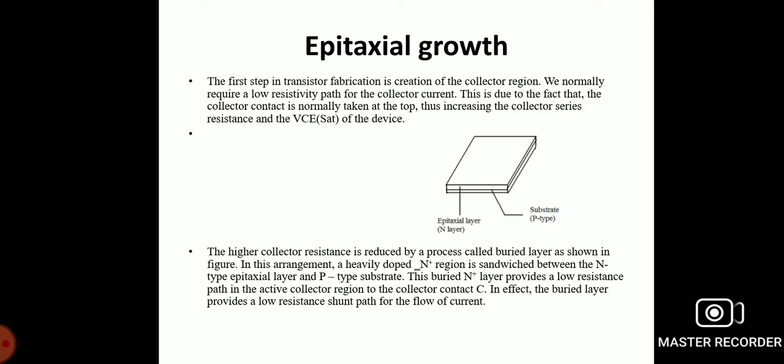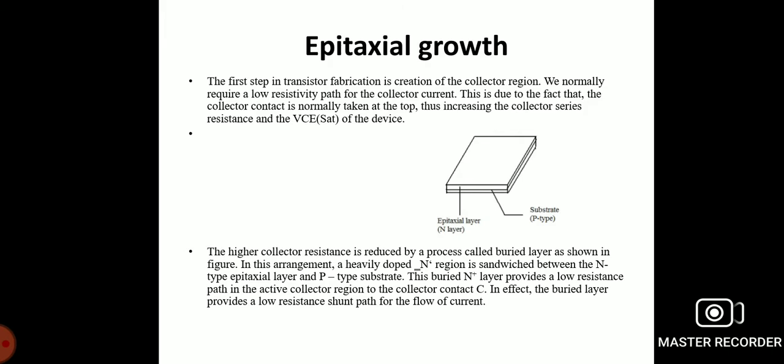We normally require a low resistivity path for the collector circuit. This is due to the fact that the collector contact is normally taken at the top, thus increasing the collector series resistance and the saturation voltage of the device. The higher collector resistance is reduced by a process called the buried layer, as shown in the figure.